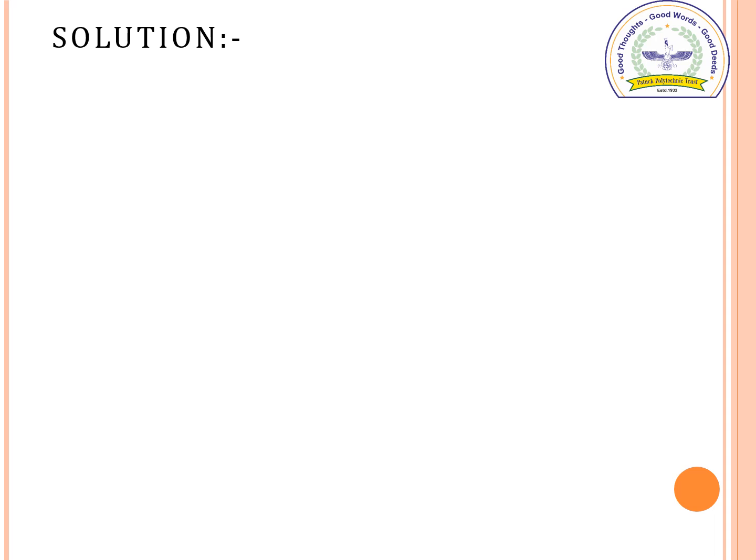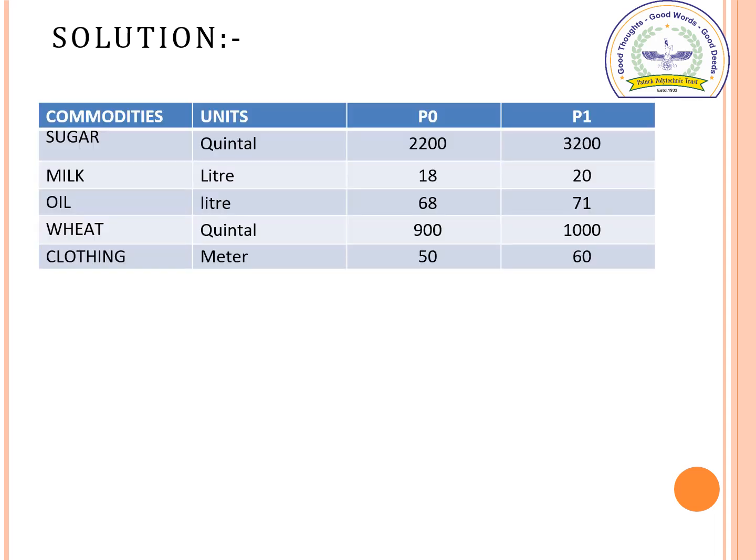Commodities are sugar, milk, oil, wheat and clothing. Here we replace price in 2007 by P0 and price in 2008 by P1, because price in 2007 is the base year and price in 2008 is the current year. So we just need to calculate total of P0 and total of P1.